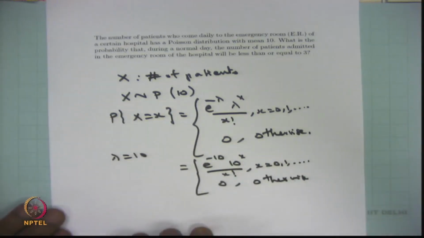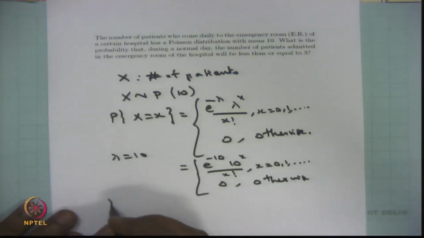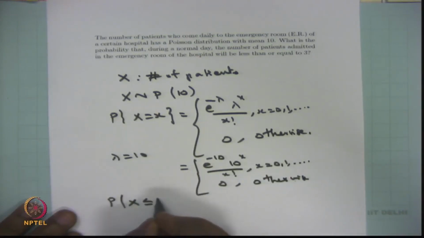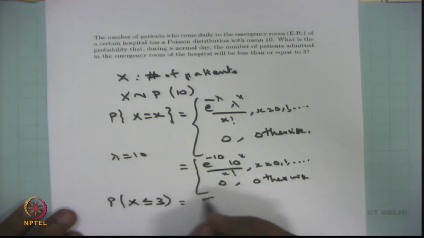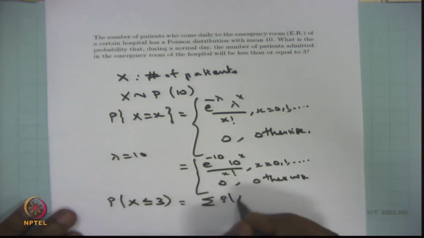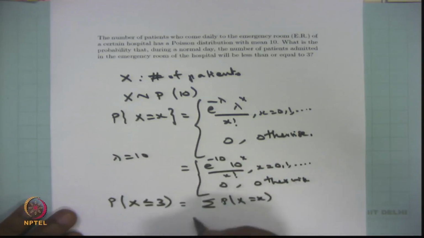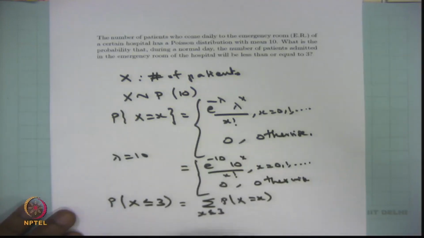The question is, what is the probability that during a normal day the number of patients admitted in the emergency room will be less than or equal to 3. That means you have to convert the given problem into the form P(X ≤ 3). This is the required probability. This is the same as the summation of P(X = x) over x less than or equal to 3.